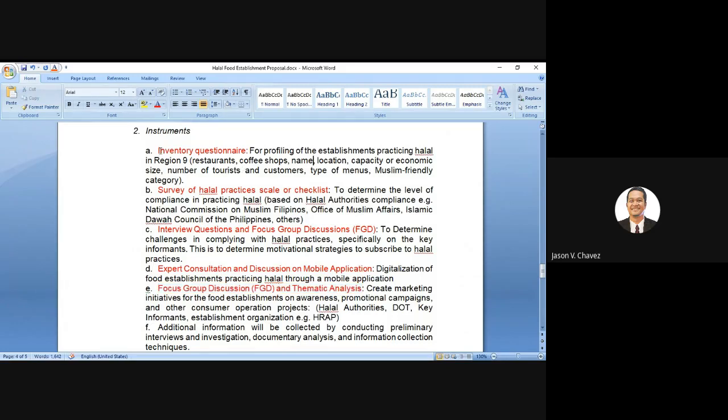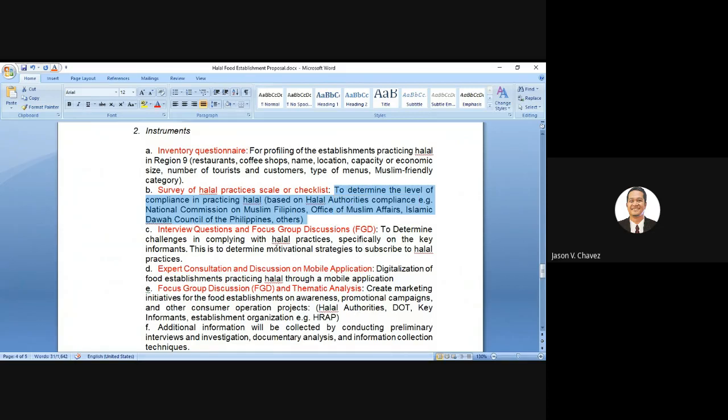You have here the name of the instrument and for which objective or problem statement. To some extent, this is very organized. Then what are you going to use as an instrument for the second objective? And so forth and so on.